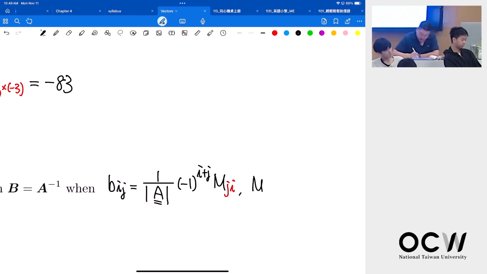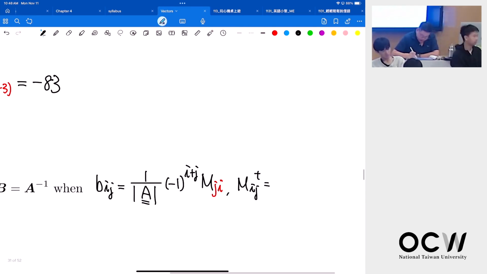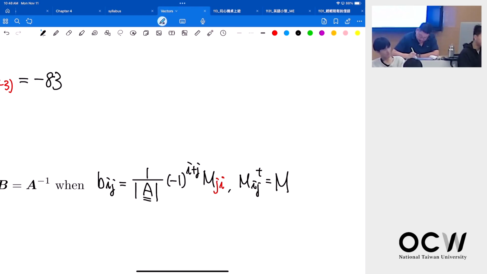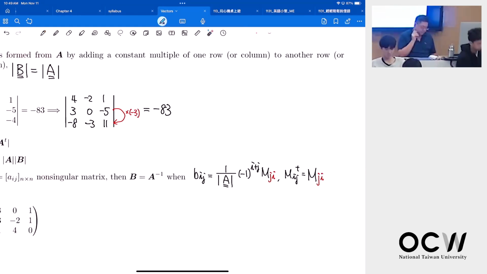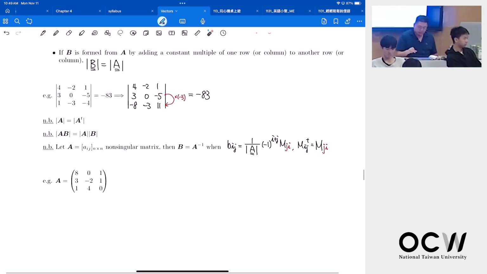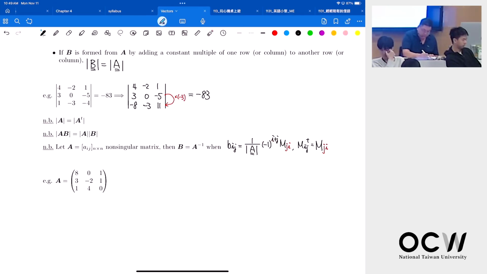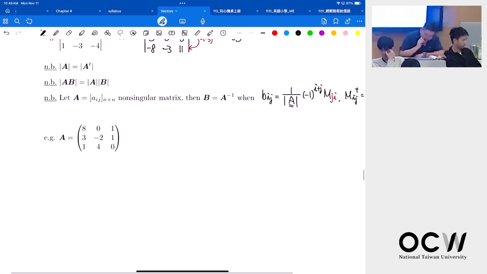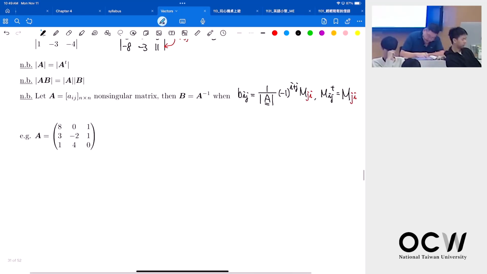The ij transpose is ji. Let's just use this example to find the A inverse. First, we need to know the determinant. So for A inverse, we need to find the determinant first.